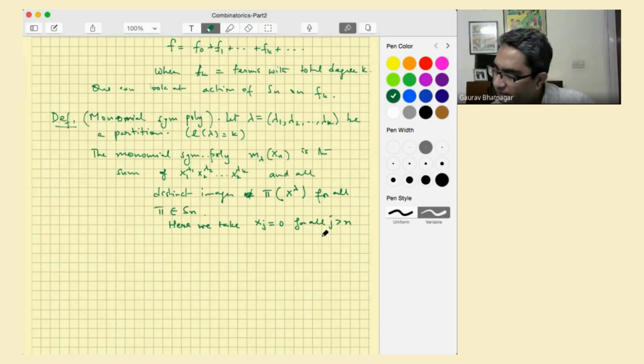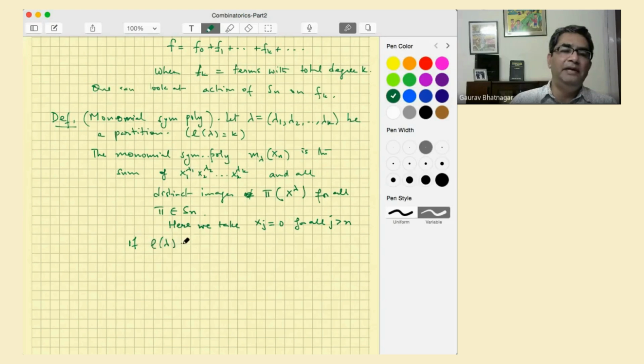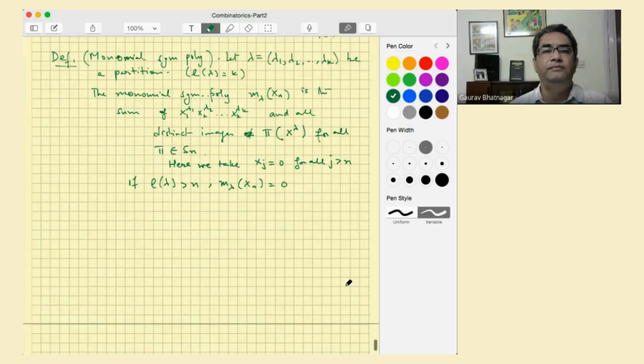What is n? So if the length of lambda is bigger than n, this m lambda of xn is taken to be 0. Okay, and we include 0 in here.